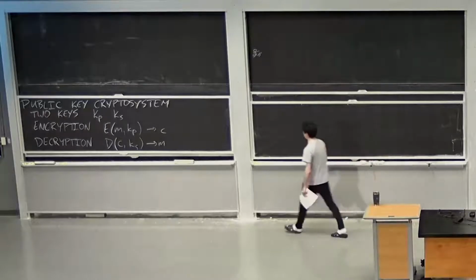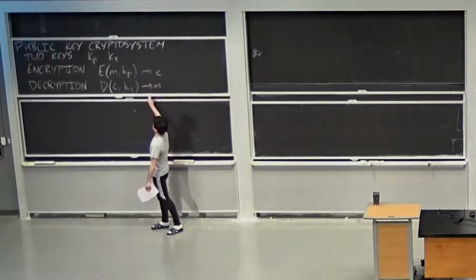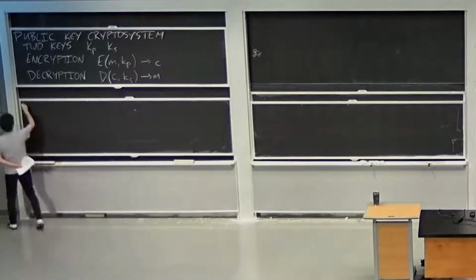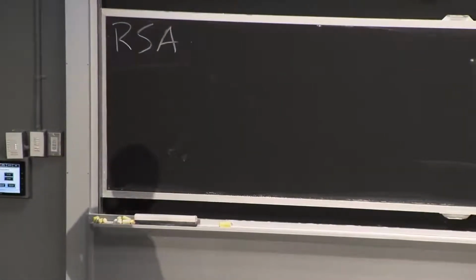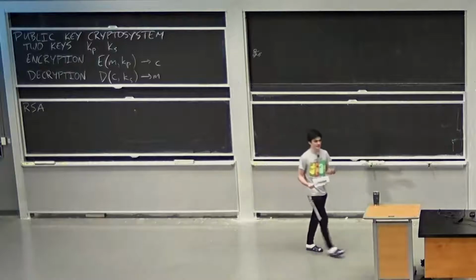Okay, now we are ready to define how RSA works. The basic idea behind RSA is that the encryption and decryption algorithms together should make use of Fermat's little theorem to make sure that we get back to the same message.